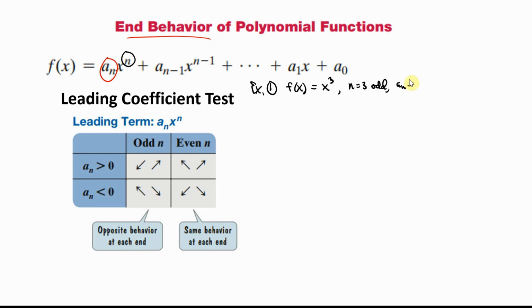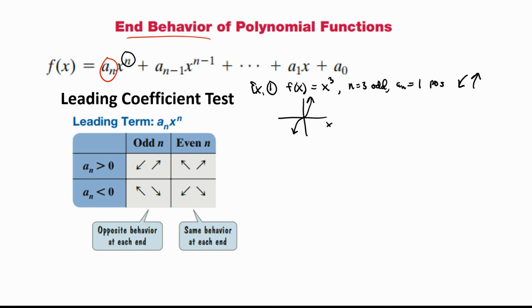A sub n is the number multiplied to this variable. It's just 1, so it's positive. That means it's going to fall to the left and rise to the right. But just think about the graph. It falls to the left, it rises to the right.